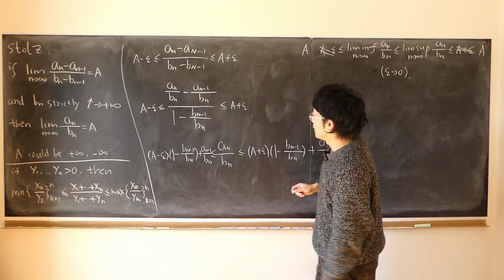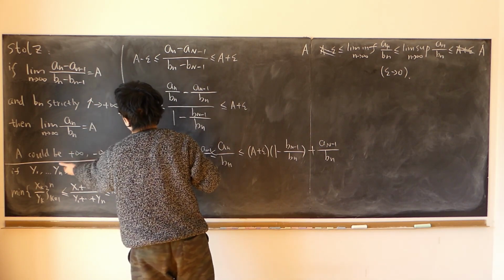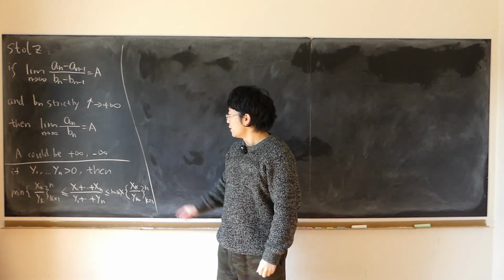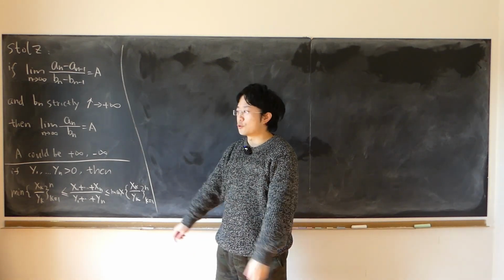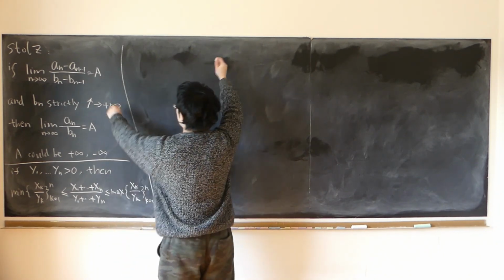A is a finite number in this case, but like I said, it also works for positive infinity or negative infinity. Here's why.